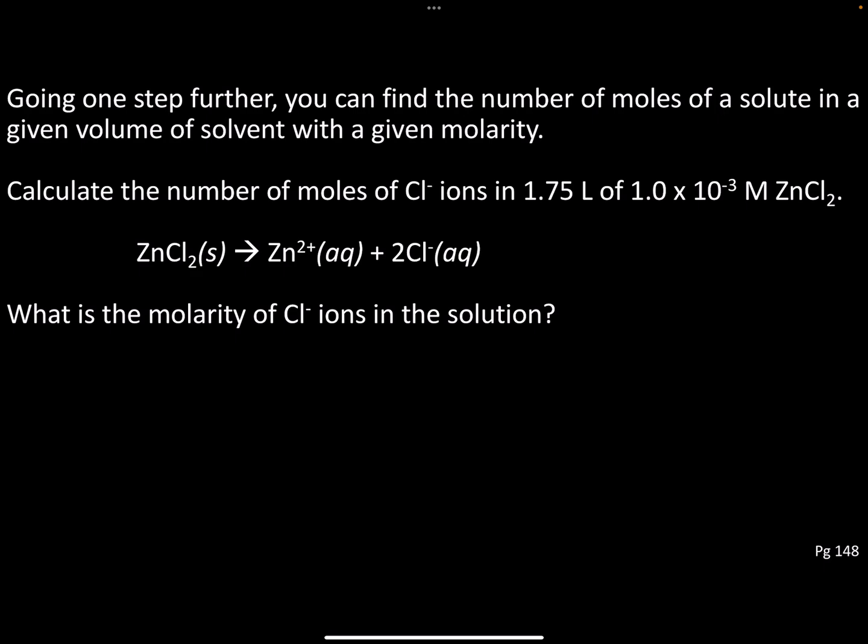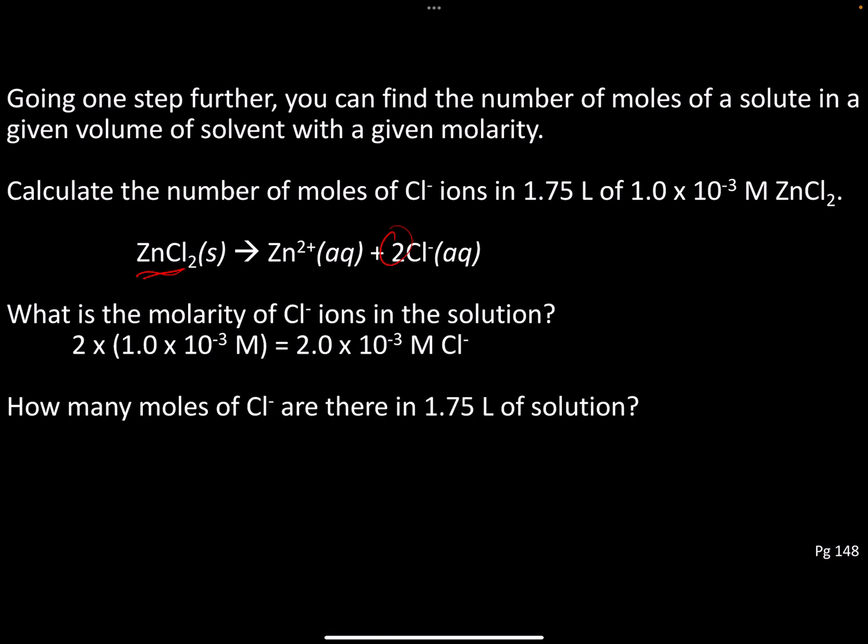Then we ask, what's the molarity of chloride ions in that solution? Well, we see that ratio of 2, because 2 chloride ions are produced from every 1 zinc chloride that is dissolved.